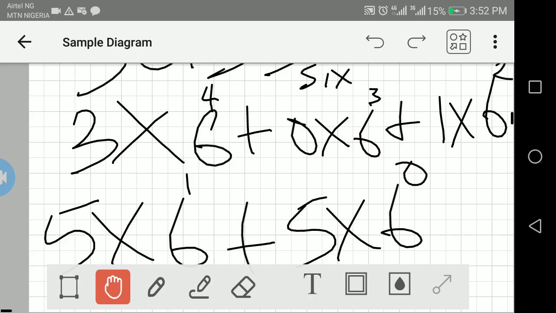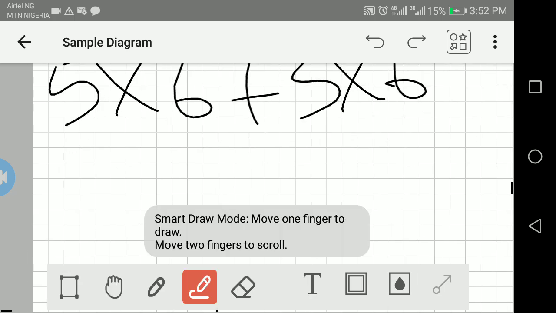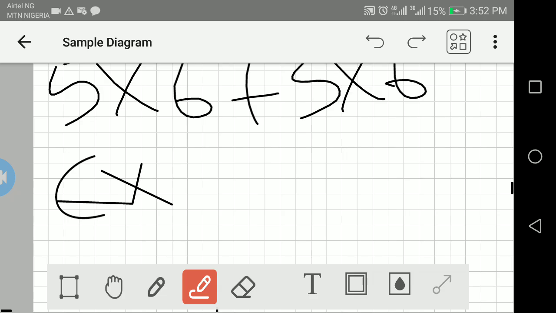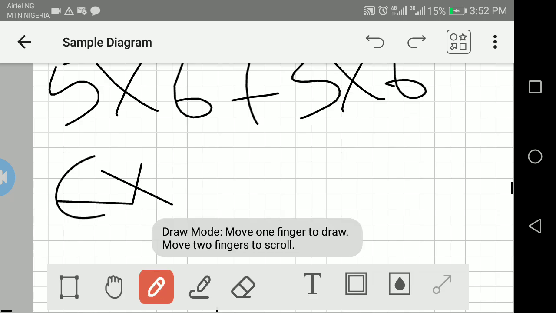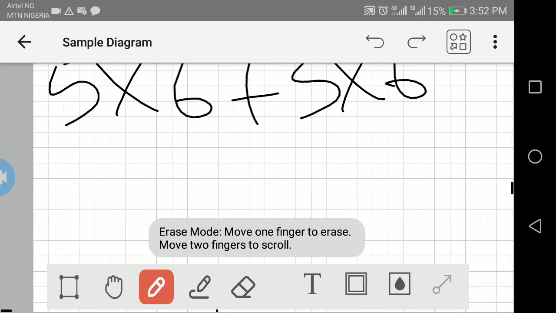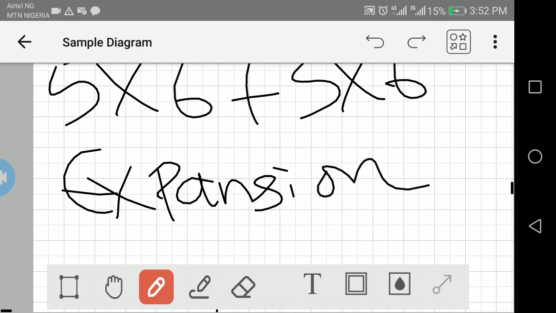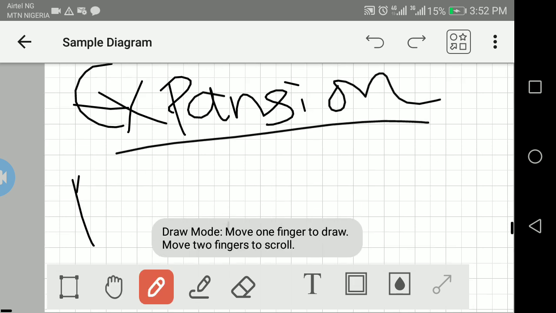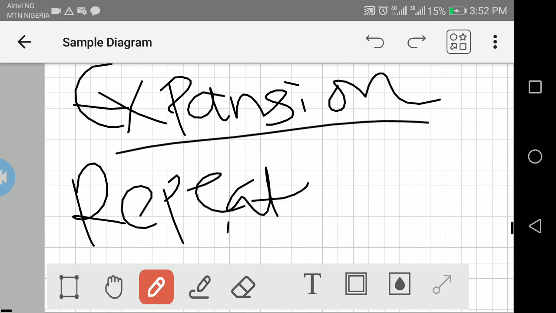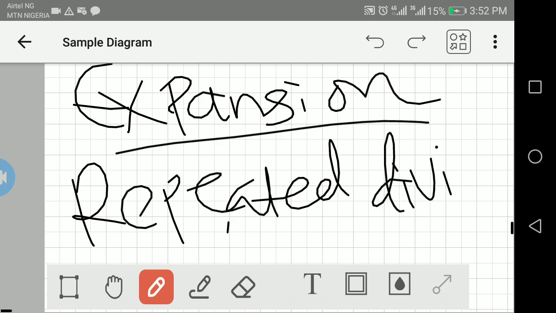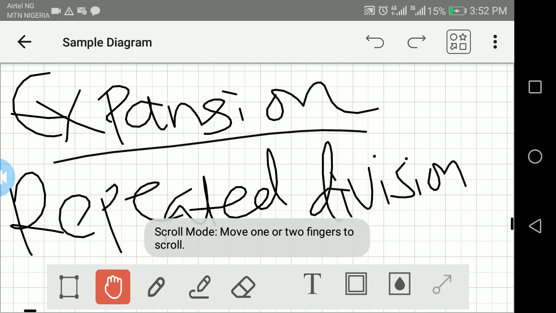So when you're converting to base 10, you use the method called expansion. When you're converting from base 10 to other bases, you use repeated division.